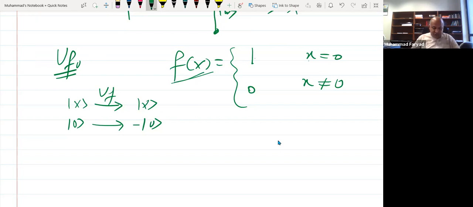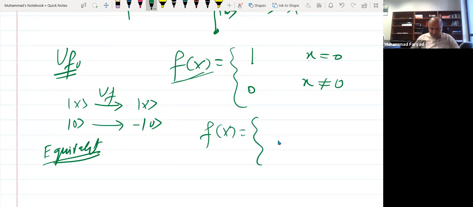Okay, so this means, by the way, that this is equivalent to saying this: f of x is equal to 0 when x is equal to 0, and it is 1 when x is not equal to 0.